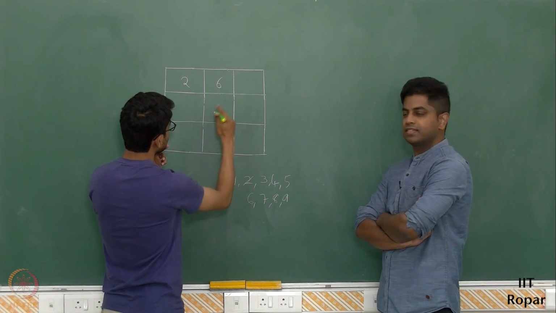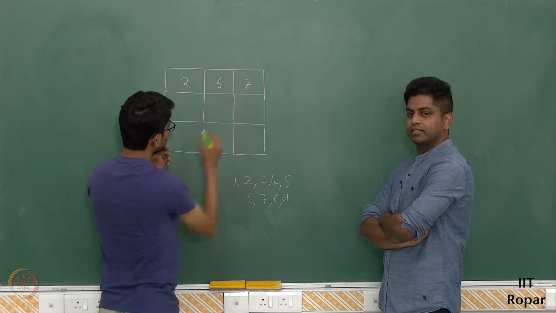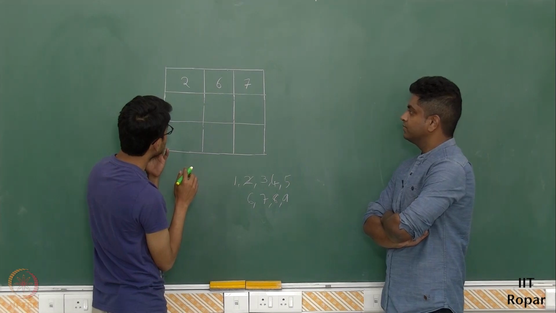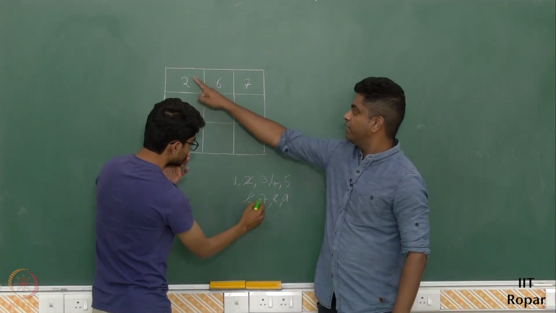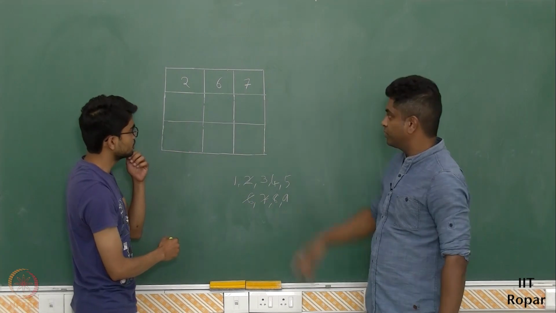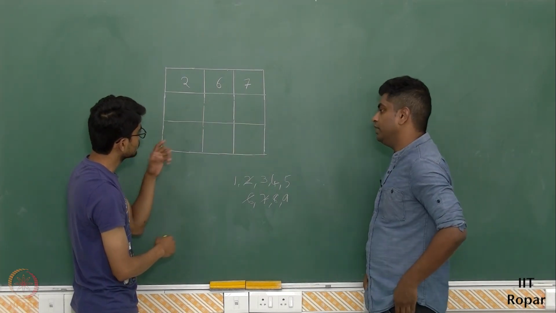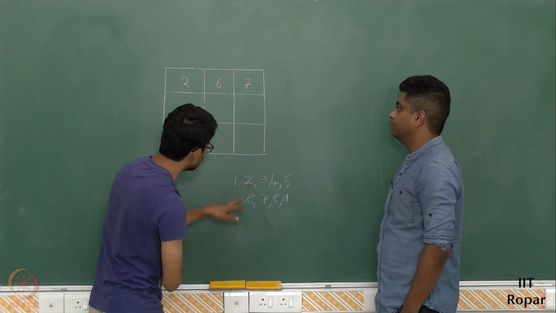Yes, 2, 6. Correct. So which would be 6, 7, 8, 15. Adds up to 15. So if you write some numbers here, even that should add up to 15. Go ahead.